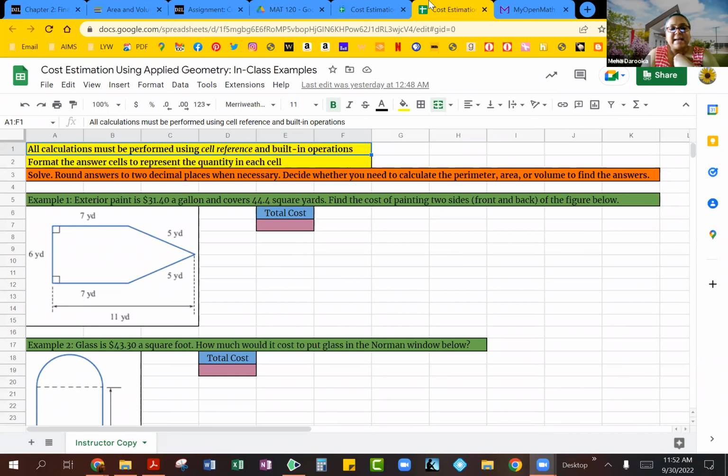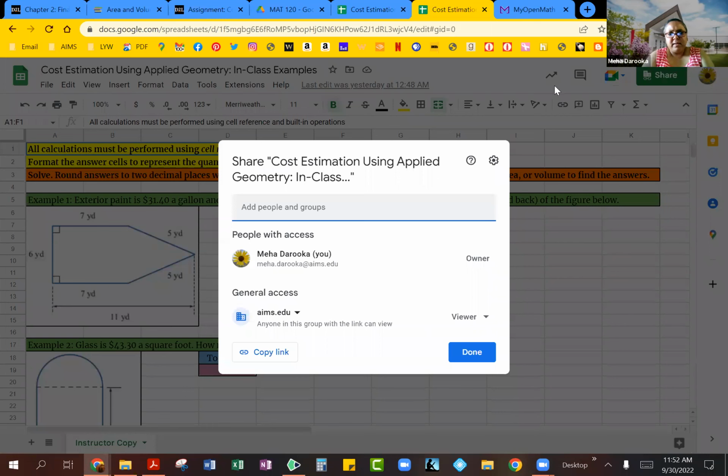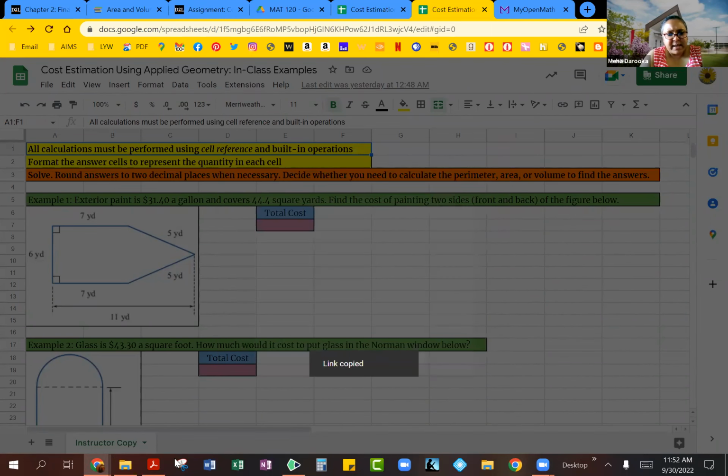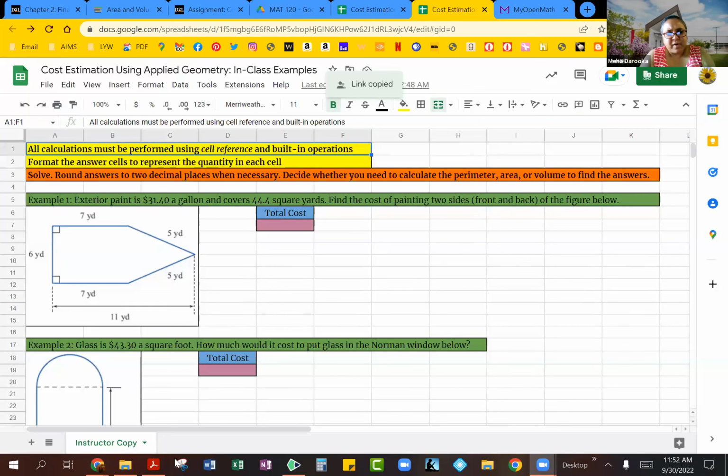Yeah, Sarah, exactly. The cost estimation supplemental handout. You can go through that handout, or I'll share the link of this file with you through chat here. All of you should see that link coming through on your Zoom chat.